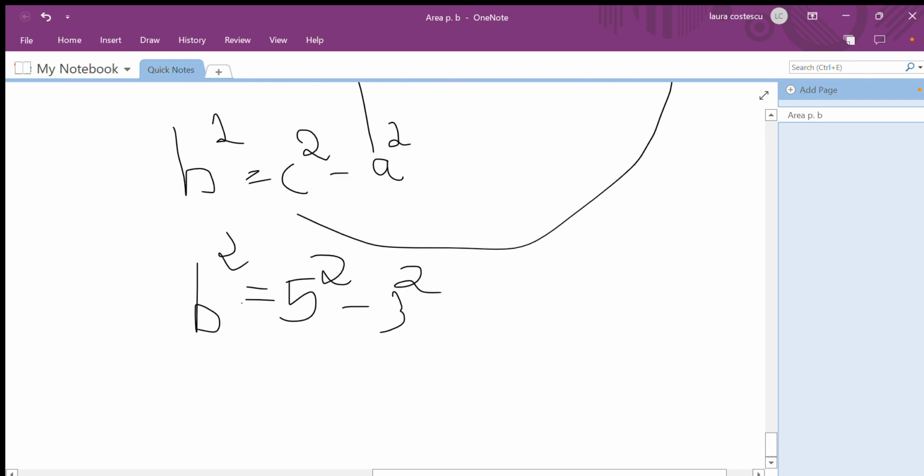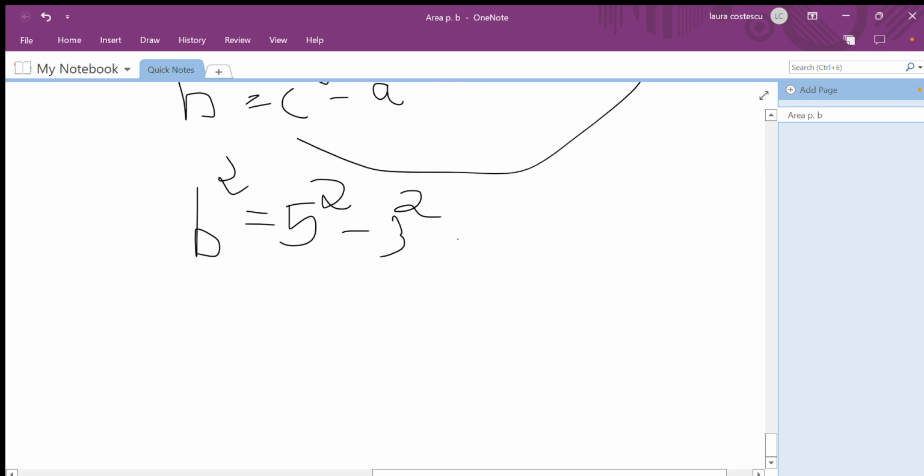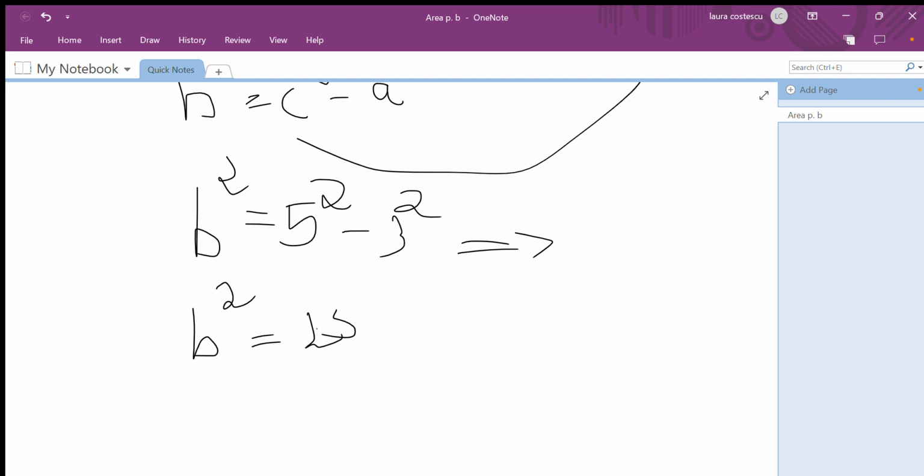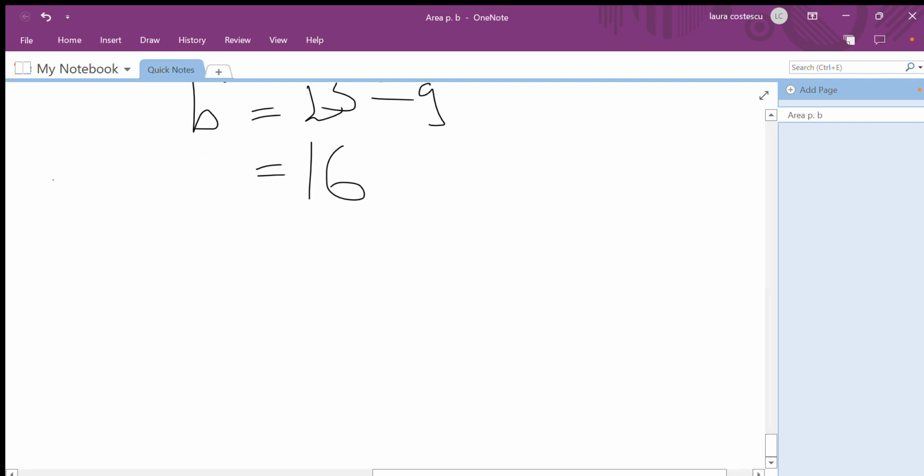Now, this means b squared equals 25 minus 9, and it equals 16. So b squared equals 16. Now you already may know what we have to do.